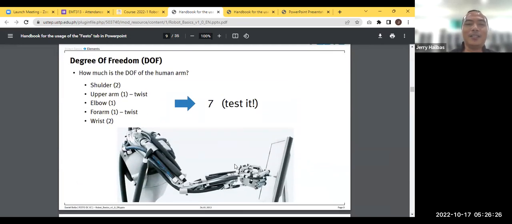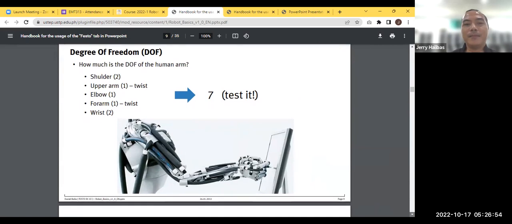Try it. The shoulder is 2 degrees of freedom, the upper arm is 1, the elbow is 1, the forearm is 1, then the wrist is 2. So a total of 7. If you are in doubt, test it.